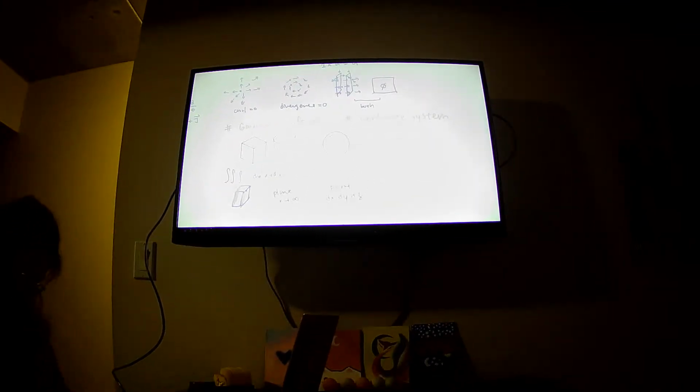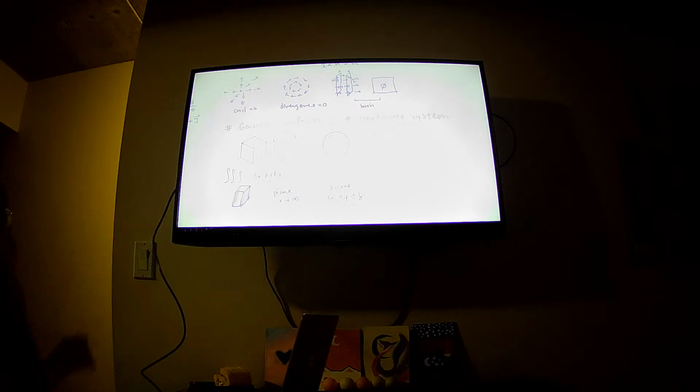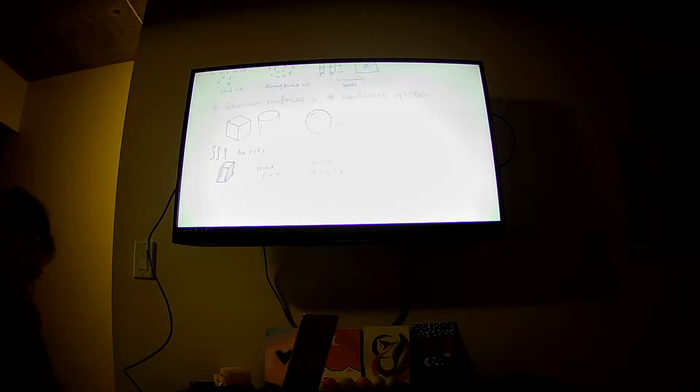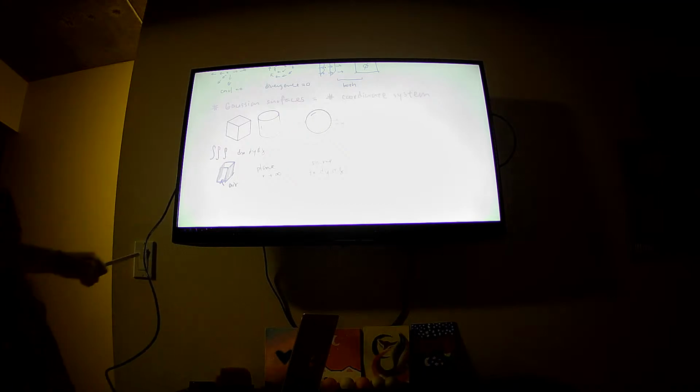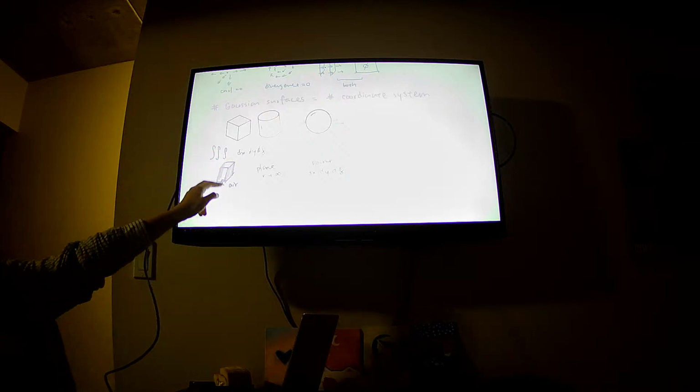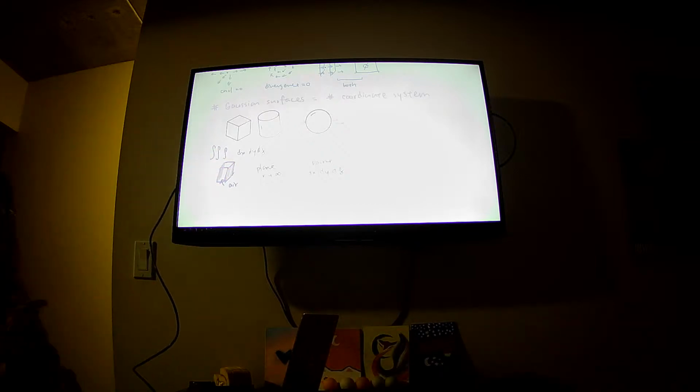You understand that the space in the middle is just void, like air, but you can still model this as a box. That's easy for you, because the field from the other side, because it's air, there's nothing. So this is the general idea of how to use Gaussian surfaces.